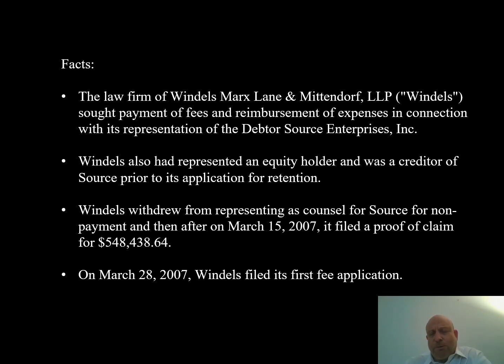Wendell's withdrew from representing Source as counsel for non-payment, and then filed a proof of claim in a rather large number, 548 and change. On March 28th, 2007, Wendell's filed its first fee application, and that's when stuff hit the fan.